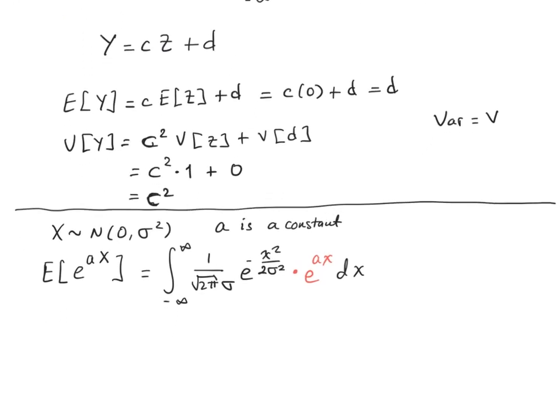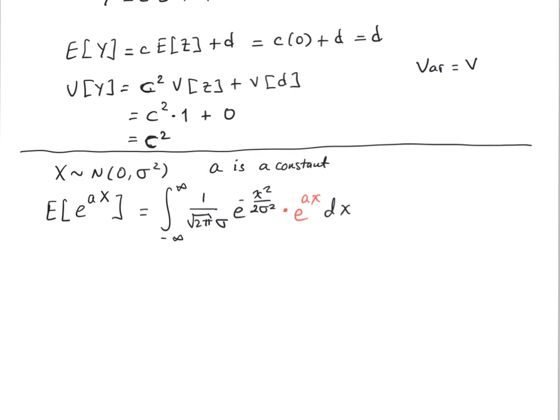So that's going to be the key to solving the problem. So we need to combine these two and complete the square. Remember that when you multiply exponents, you just add the coefficients. So for example, here we focus on this part only and just focus on the exponent. This is what we have: minus x squared over 2 sigma squared plus a x.